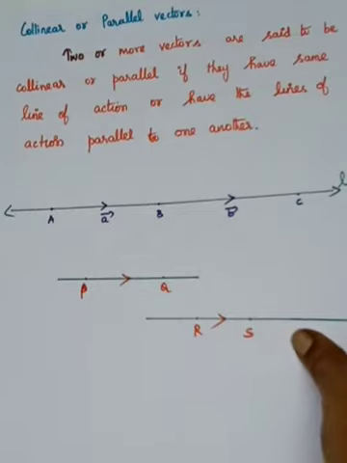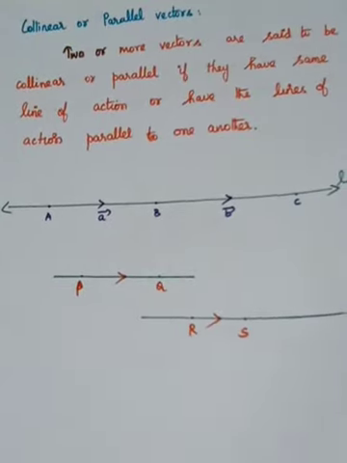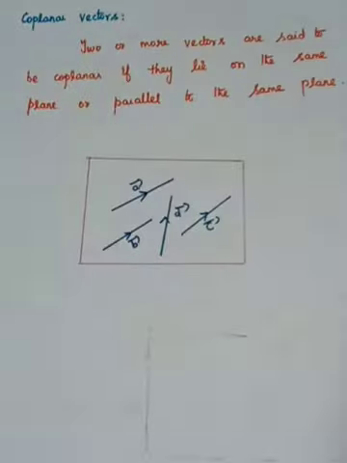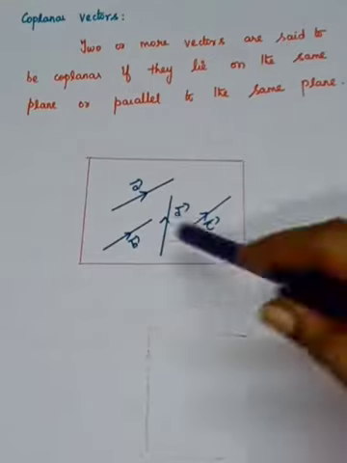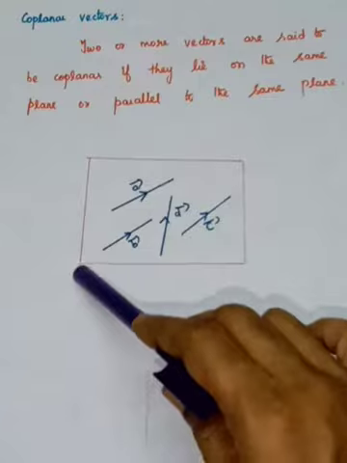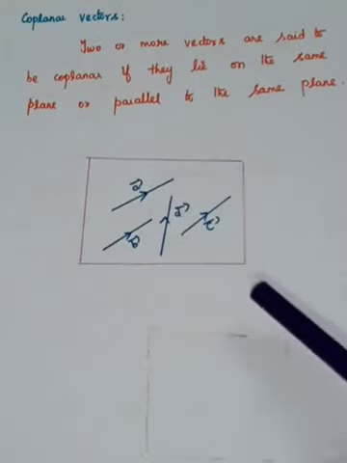The next one, we are moving to the next heading, coplanar vectors. Two or more vectors are said to be coplanar if they lie on the same plane or are parallel to the same plane. Here I have taken this pink rectangle as a plane.